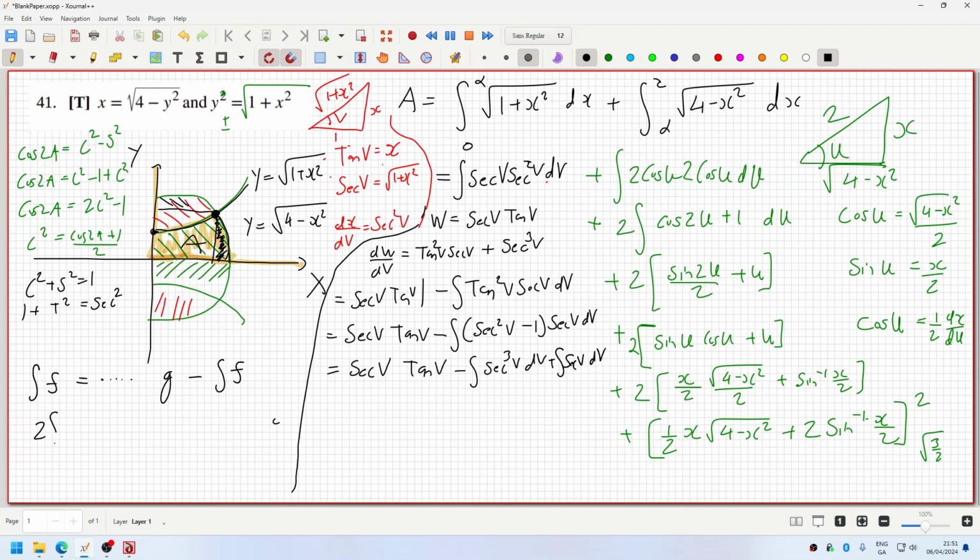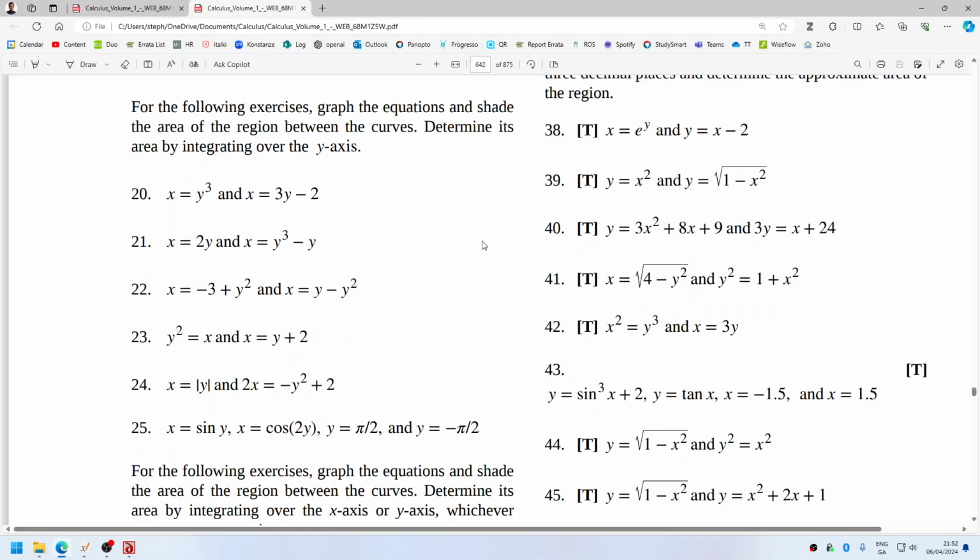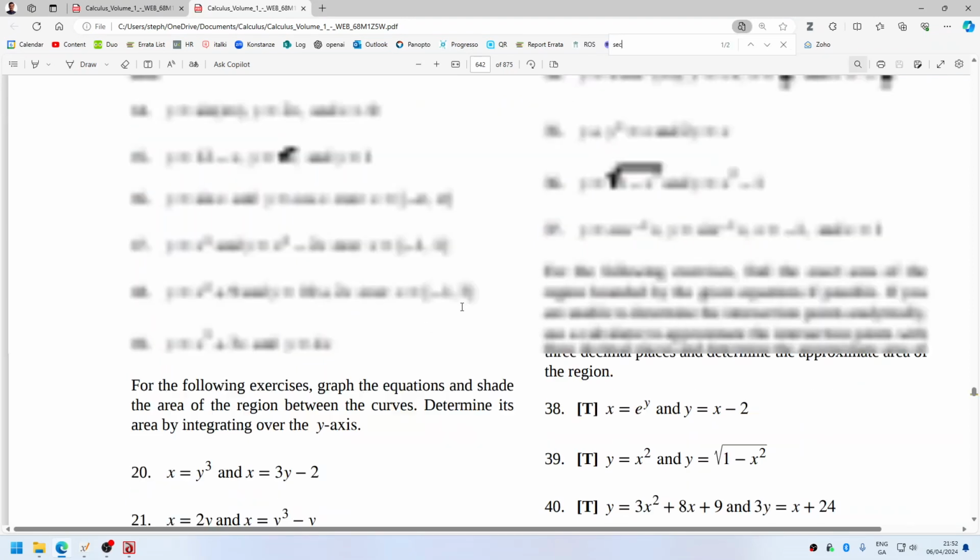You get twice the integration of f equals that expression. So then the integration of f just becomes that expression over 2. So basically what I can do is I can drop this and I can say it's a half sec v tan v plus the integration of sec, which, oh, that's probably going to be somewhere here.